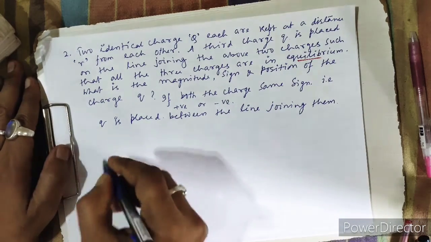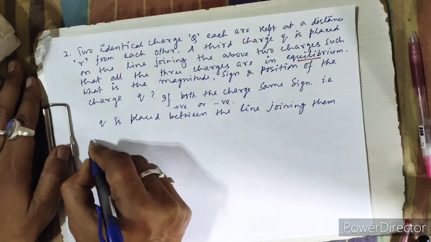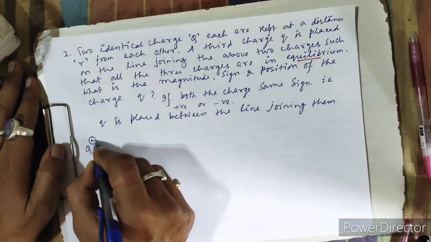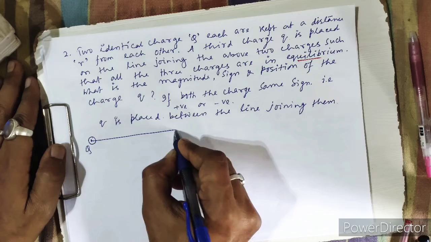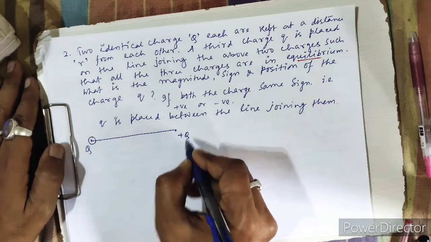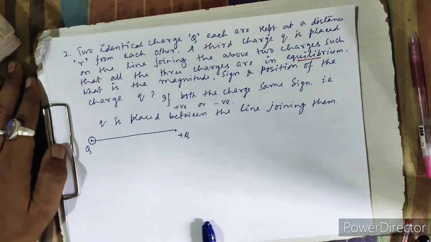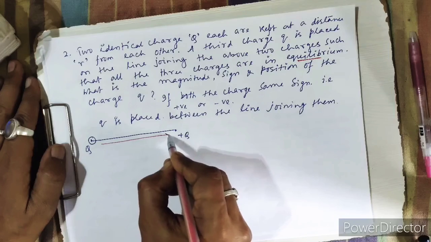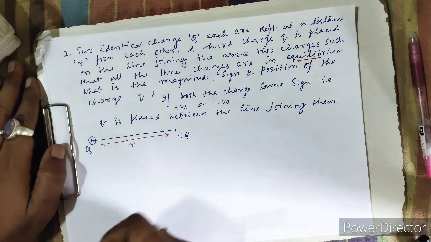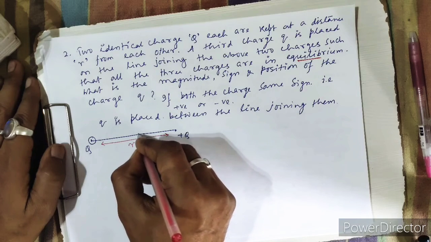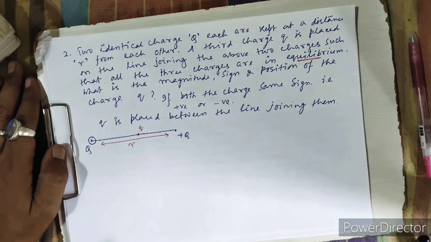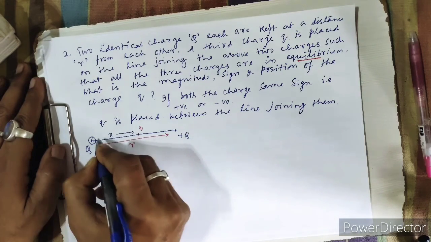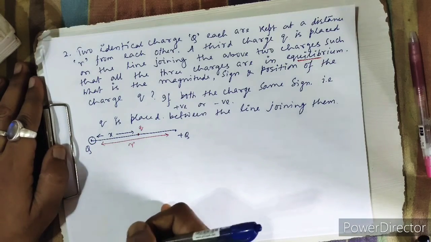But if the situation is like this, this is plus Q, this also plus Q, the distance is r. Say small q is placed at this point at a distance x from the left charge.